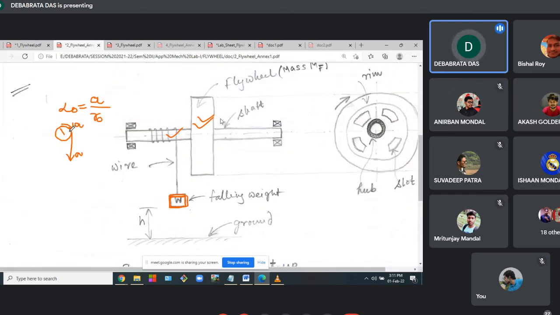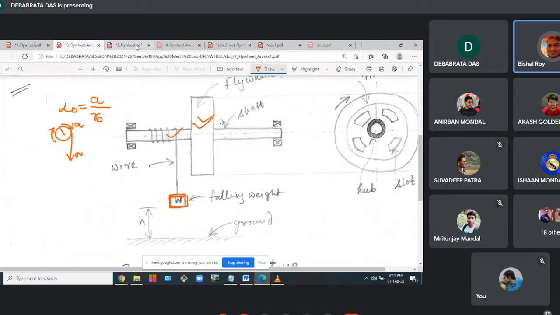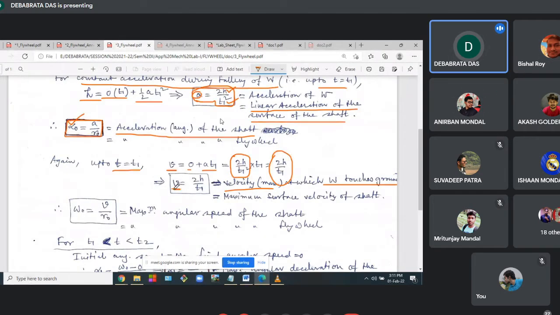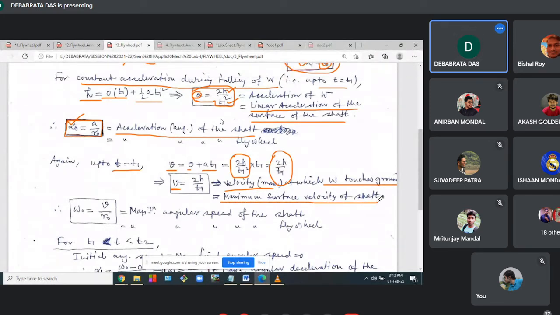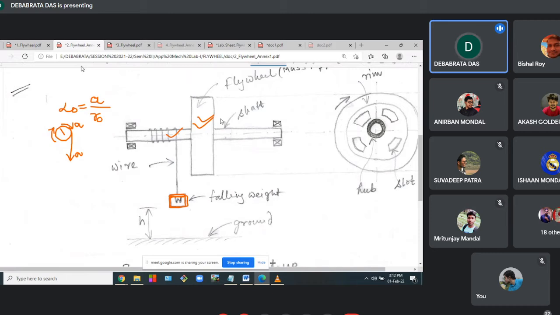So if that is the maximum velocity of this weight, the maximum surface velocity of this shaft is also the same thing. So this V we can also write, it is the maximum surface velocity of the shaft. So the maximum linear velocity reached by the shaft is twice h by t1. Then what is the maximum angular velocity reached by this shaft surface?